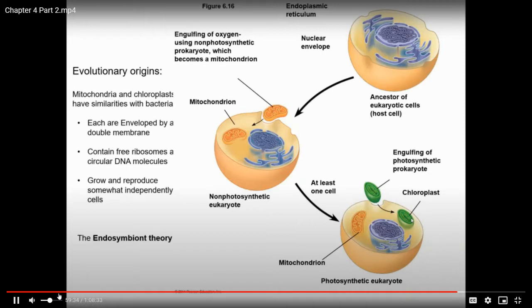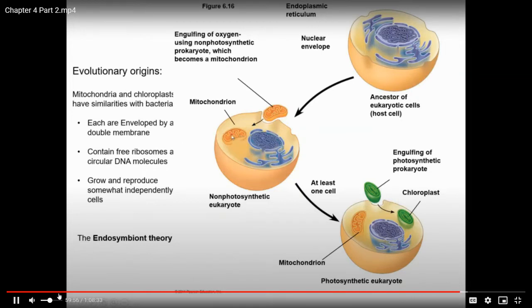All right? Now, how do we know that's really what happened? I mean, it's a great idea. Well, there is evidence to suggest this is really the true idea. First, that they have a double membrane. So when this one gobbled up that one, which it looks like it has two membranes here, which it shouldn't, it surrounded it by another membrane in the cell.